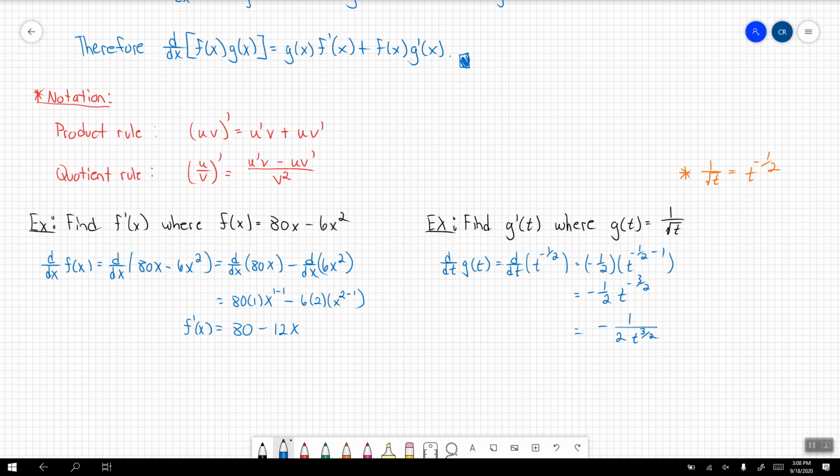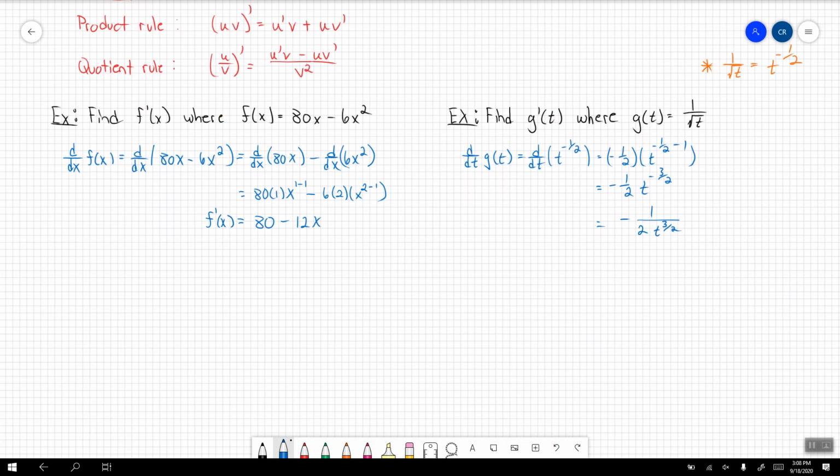Let's keep going. Let's try some more derivatives. So we're going to say differentiate the following. Part A, we're going to be working with f of x is equal to 7/4 times x squared minus 3x plus 12.